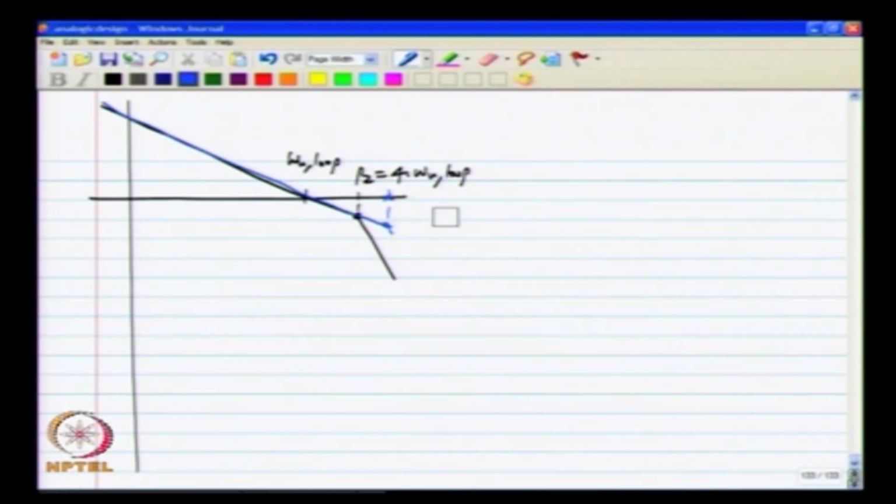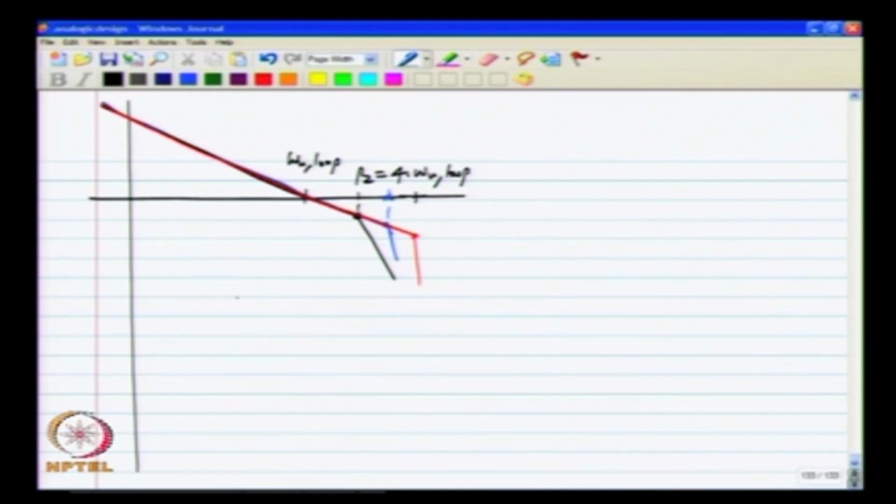So, I am sorry, here it becomes steeper, and if you have 3 extra poles, it falls down even steeper, but for the same phase margin we computed that they should be at 12 times the unity loop gain frequency.